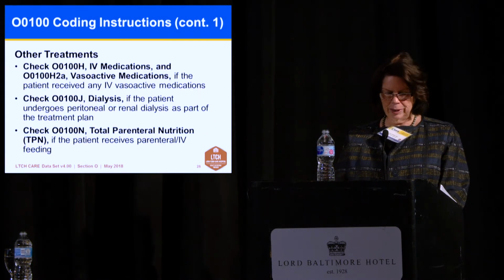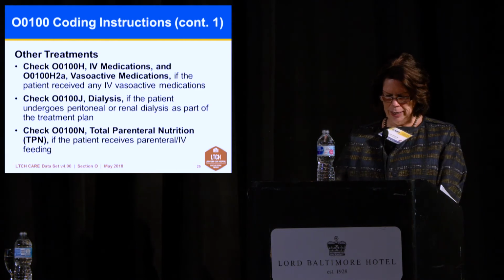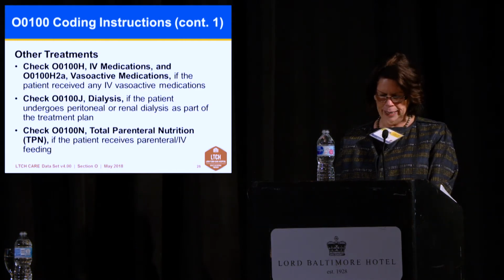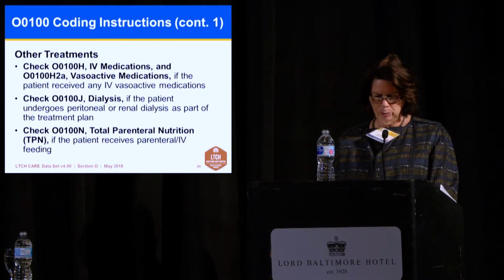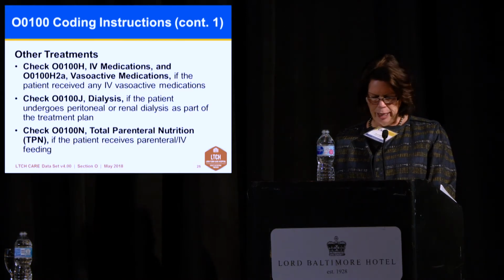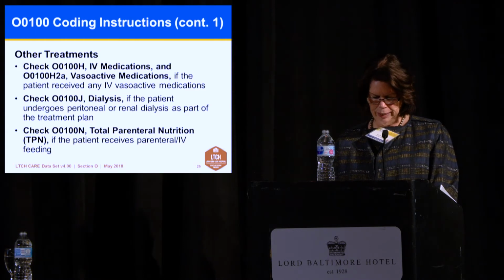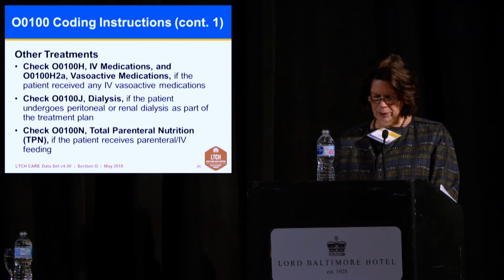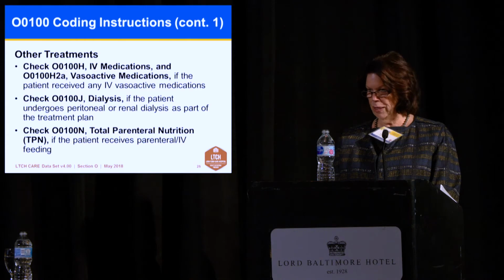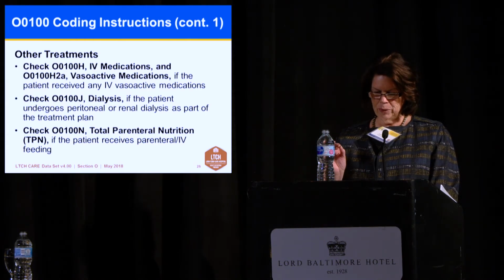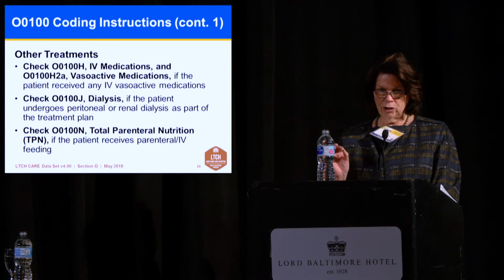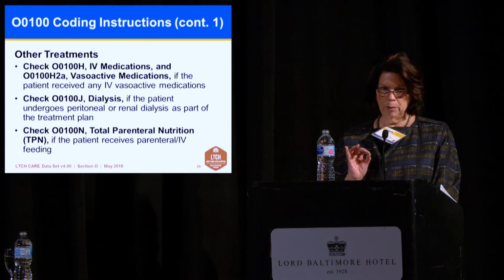As I previously mentioned, O0100H and O0100H2A are new data elements for the ventilator liberation quality measures. You are going to code both of these data elements if the patient is receiving an infusion of IV vasoactive medications. So these two data elements are risk adjusters for the new ventilator liberation quality outcome measures.